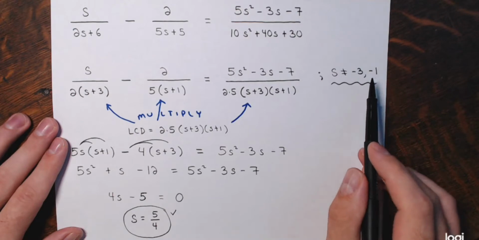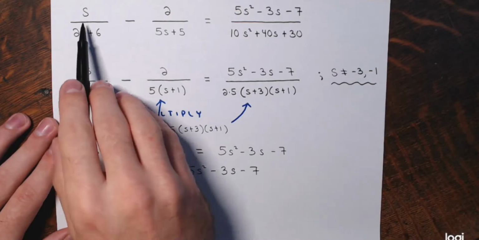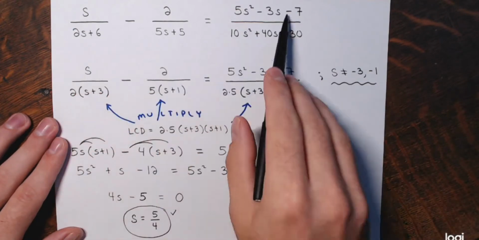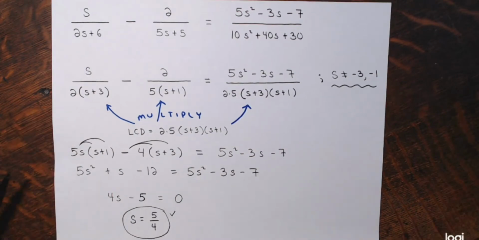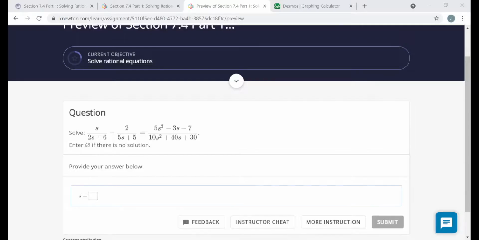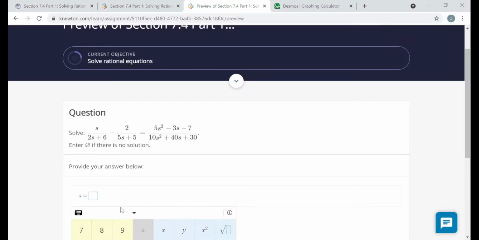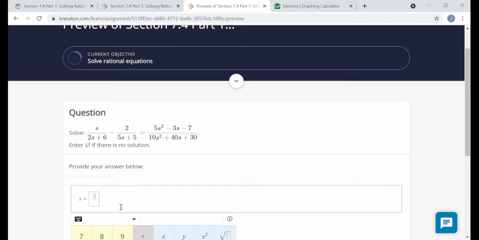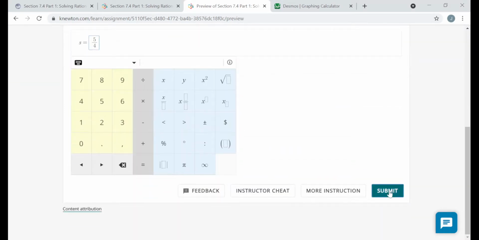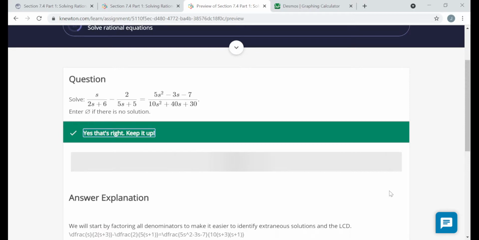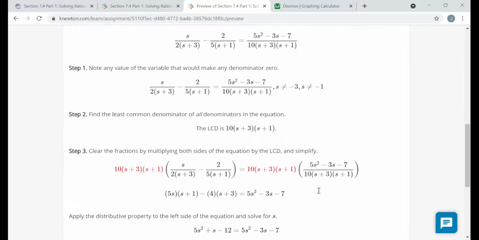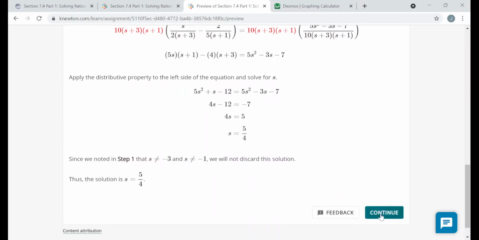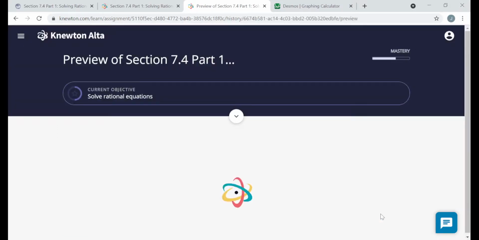If I plugged it in for all the s's back in the original equation, 5/4 should be a good solution. So back on the assignment page, I'm entering s equals 5/4. And again, please read through answer explanations.